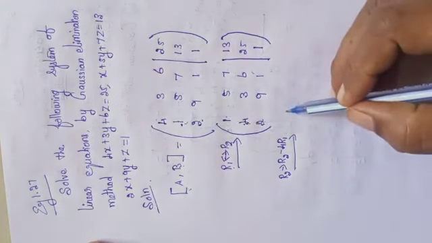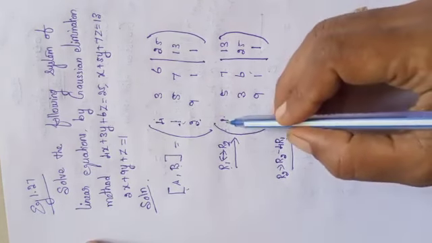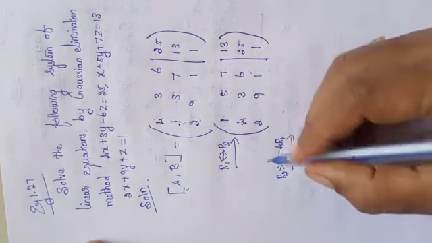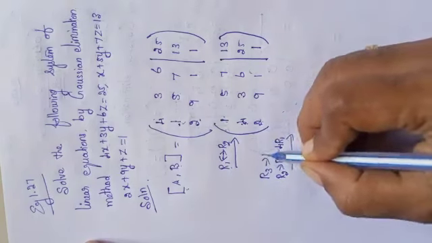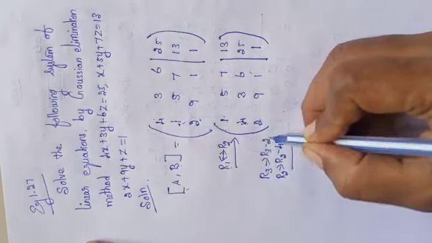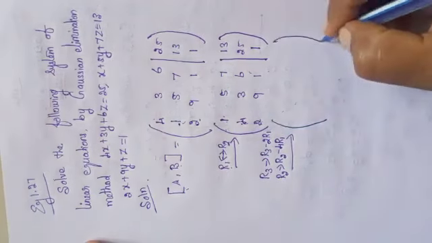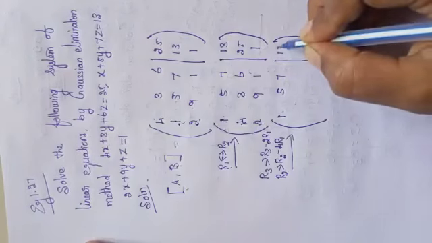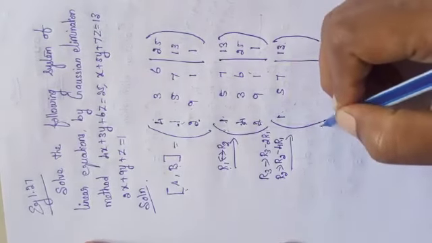That place will become 0. The same way here 2 is there. So, here also 2 minus 2 will become 0. So, R3 is going to change as R3 minus 2 into R1, isn't it? So, first row there is no change 1, 5, 7, 13. Second row and third row we have to simplify and write it.